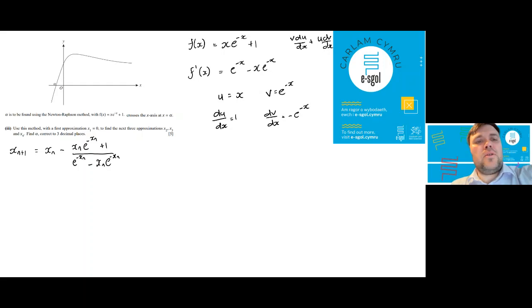Again, that's the formula, and if you notice, it's worth 5 marks there. So you're going to have to differentiate it and put it into the formula. So that's going to be 3 out of the 5 straight away.